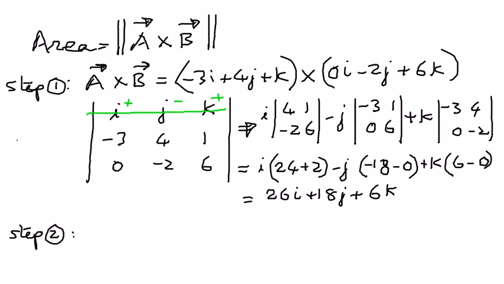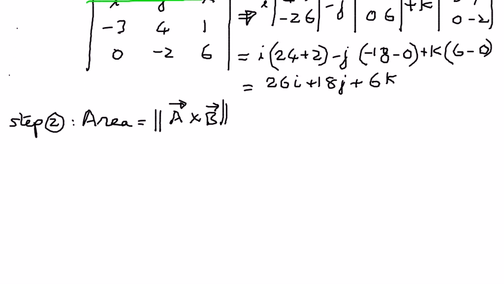The area of the parallelogram is given to us as the magnitude of vector A cross vector B. We have already found the value of A cross B, which is that information there, and now that we want to find the magnitude of that, we're going to take these individual components and raise them to the power of 2.